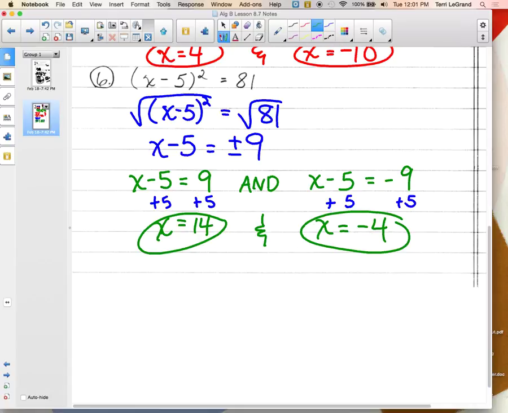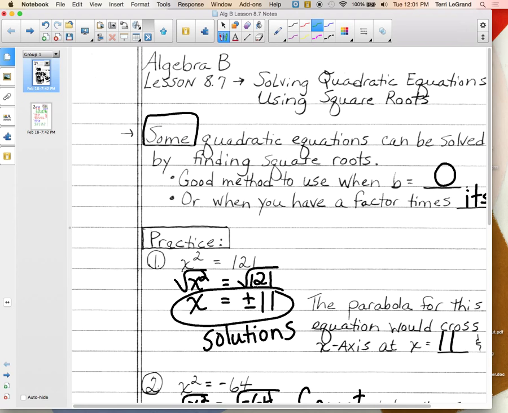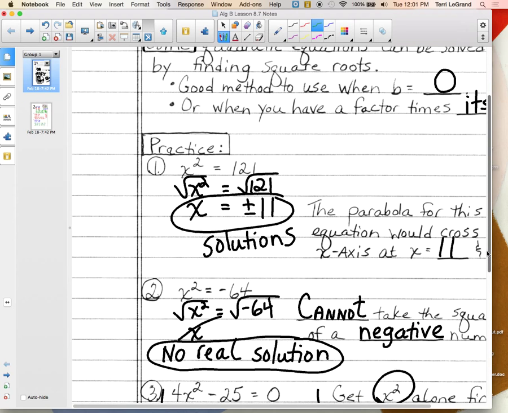Okay. So when we're solving them, we have 3 things that could possibly happen today. We're going to have when b is equal to 0. If we get the equation all on one side, set equal to 0, there would be no x terms. So when you look at it right away in the beginning, x squared equals 121, there's no x term.